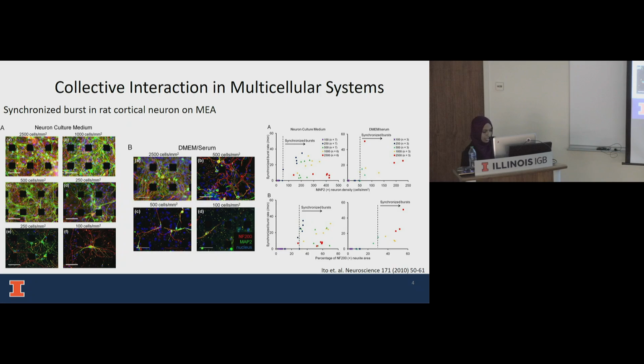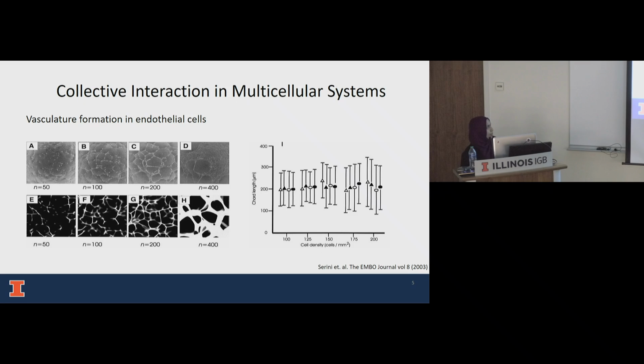And not just neurons, also in endothelial cells, people have seen that vasculature formation is dependent on the initial number of cells that are put together for this kind of experiment. They also did some modeling showing the relationship between the number of cells and the formation of vasculatures.